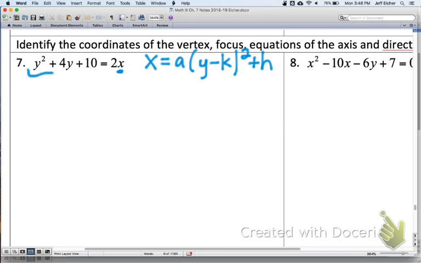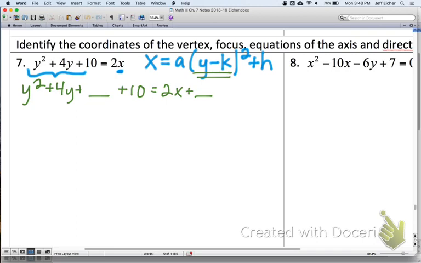So in this example, we would like to complete the square so that the left side looks like a binomial squared. So again, the way that I like to set it up, we get a y squared plus 4y plus blank plus 10 equals 2x, and then we'll even do a plus blank on this side so we don't forget to add the same amount on both sides.